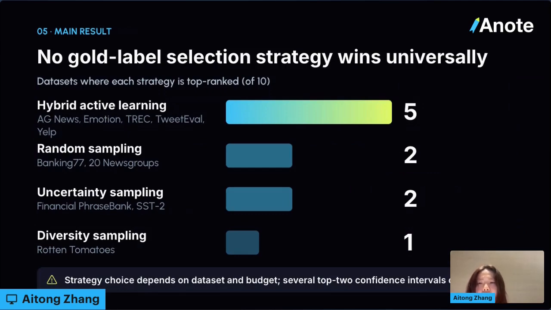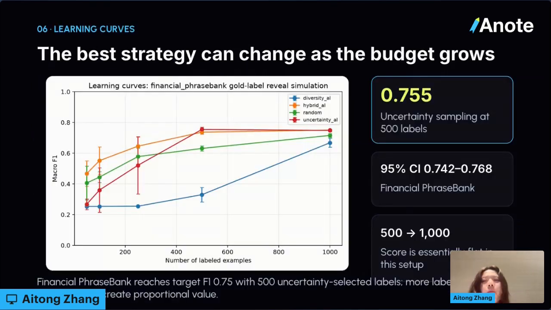The identity of the winner is only one part of the decision. We also need to know how much data is enough. So, Financial Phrasebank illustrates the second question. At small budgets, the strategies behave quite differently.